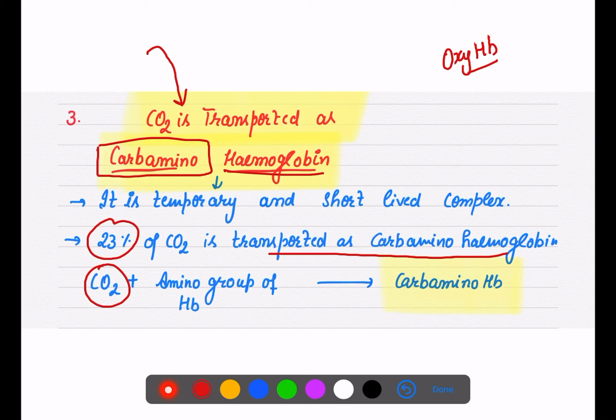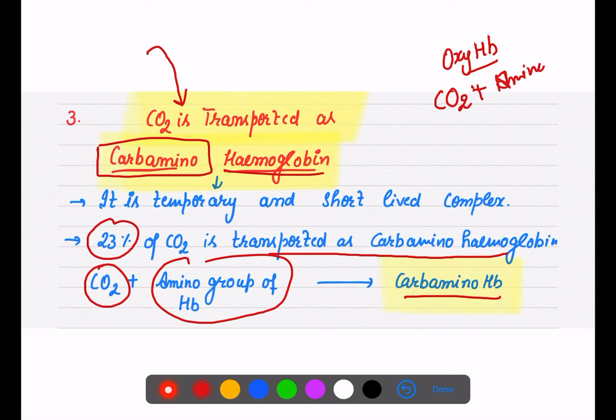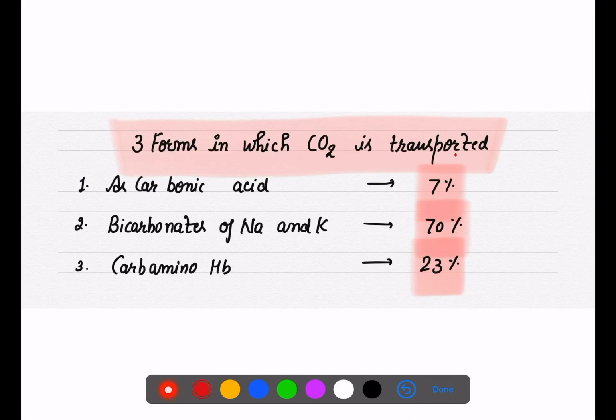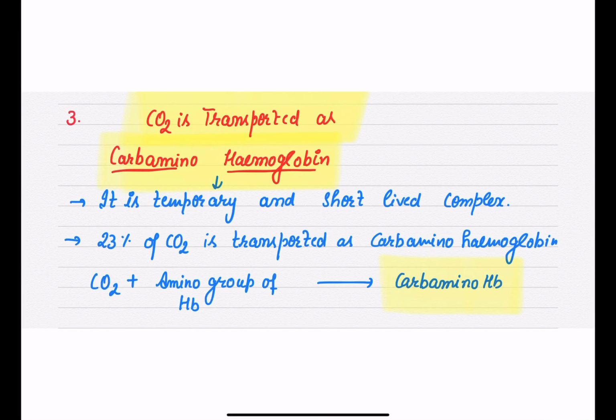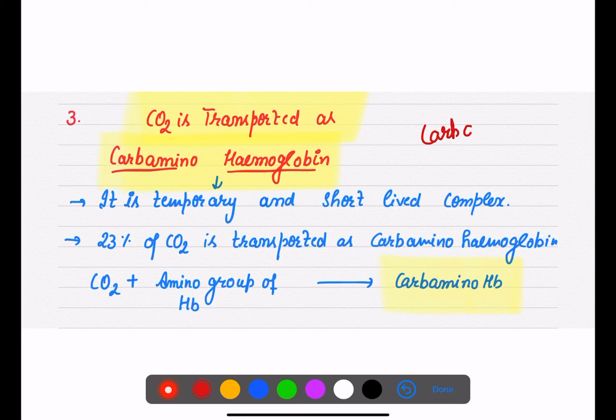CO2 reacts with the amino group of hemoglobin and forms carbaminohemoglobin. Looking at the reaction, CO2 plus the amino group of hemoglobin form the complex known as carbaminohemoglobin. This is the third way in which CO2 can be transported, by reacting with hemoglobin's amino group.